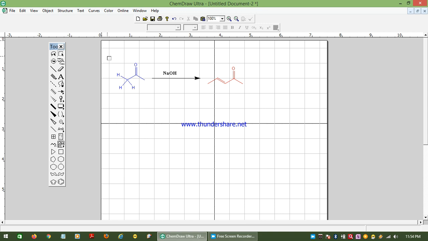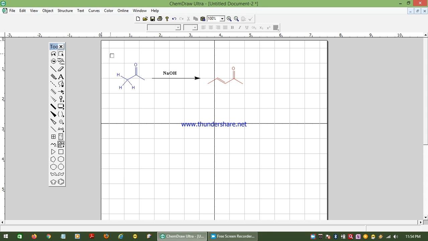This is very useful to write different organic molecule structures, different reactions schemes, and various reaction mechanisms are also possible to write with this particular software.